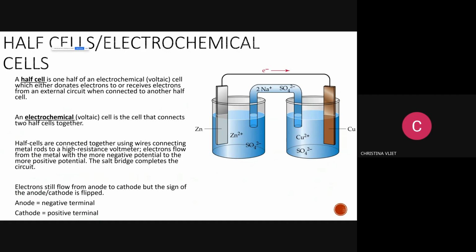And the half cells, you've got to know they're connected using wires. We use a voltmeter to measure the amount of voltage. So here it's missing, but you would need to know to write that. When we write a diagram here, you would be connecting your electrodes to a little device called a voltmeter, and it would measure the voltage.